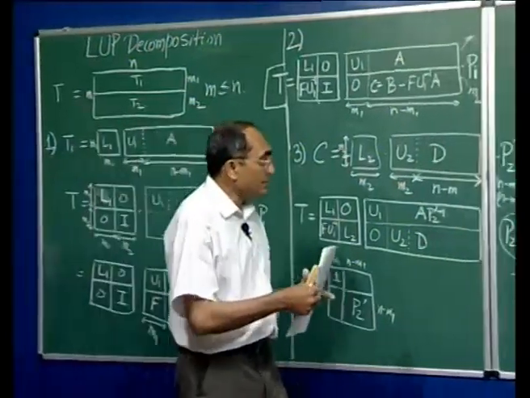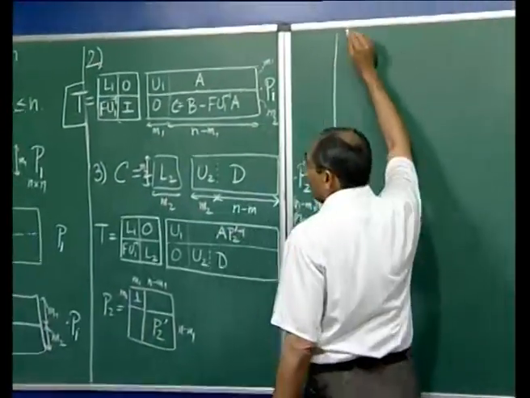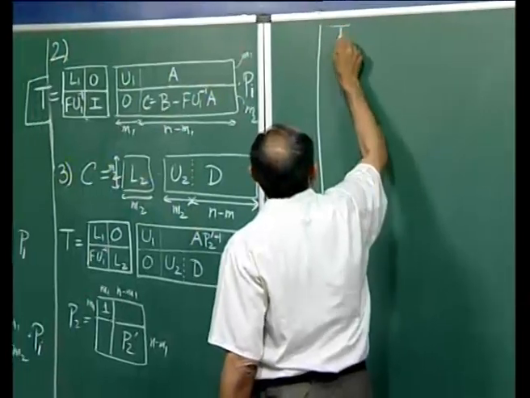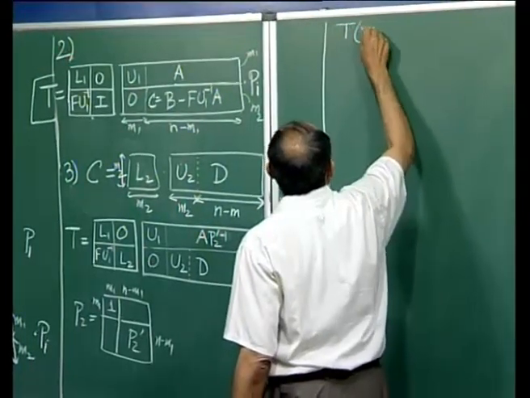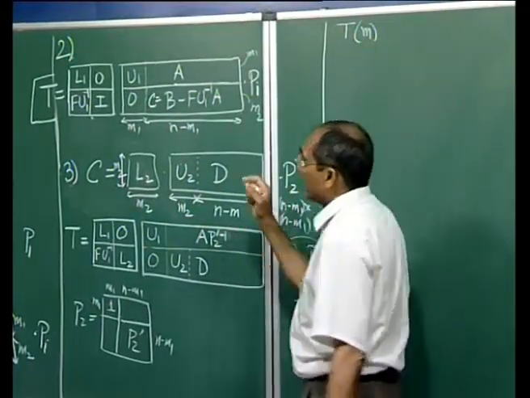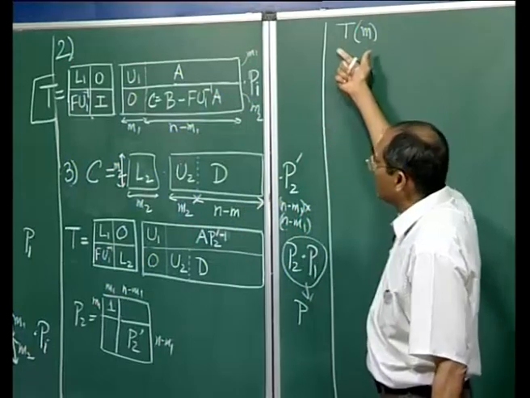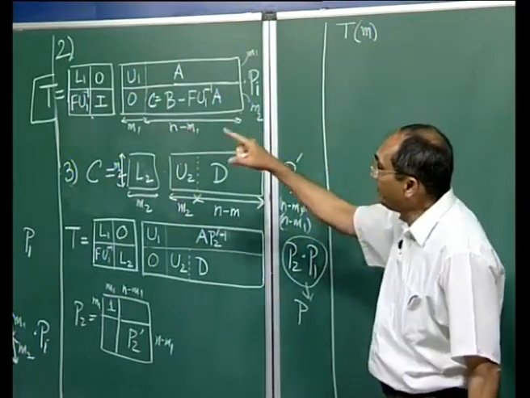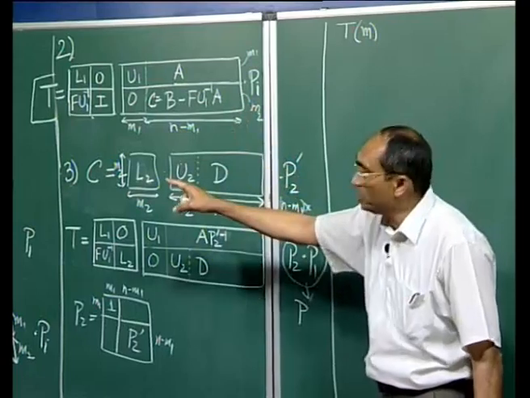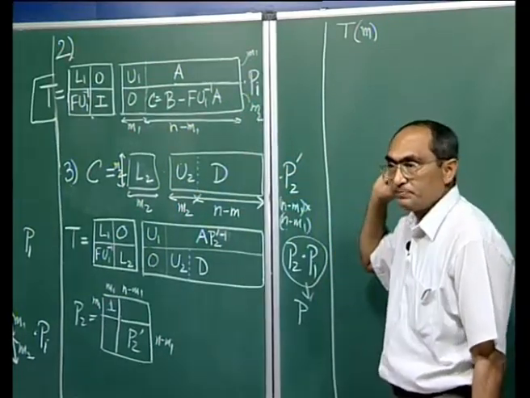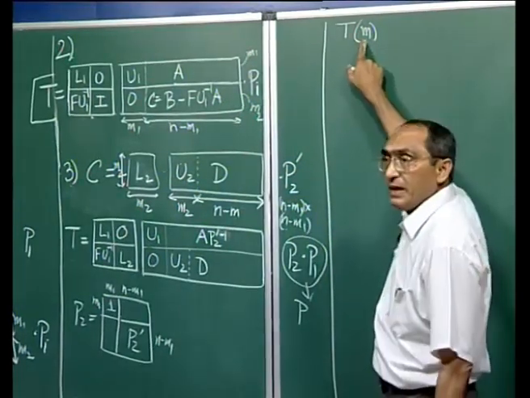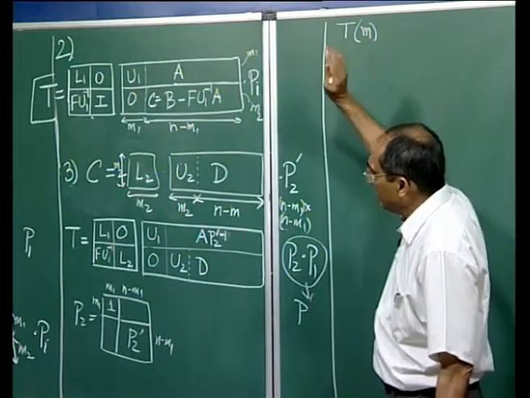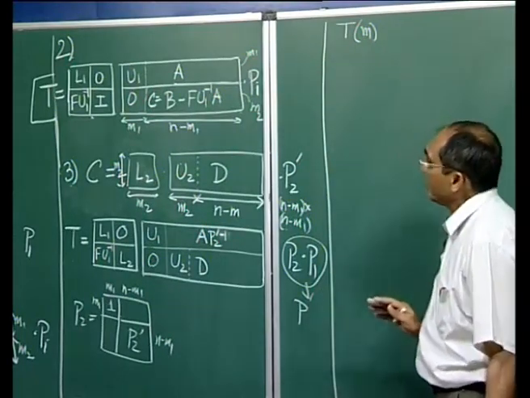Now, to do all this, first thing I am going to assume is that T of M denotes the cost of transforming an M by N matrix into LUP matrices. I will not indicate N here because that is a background parameter, will not show up too often.